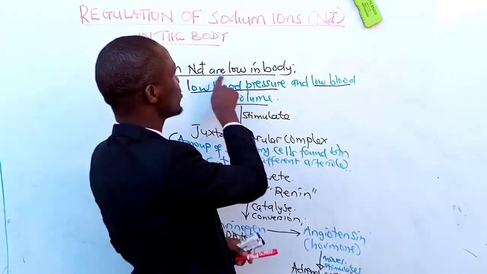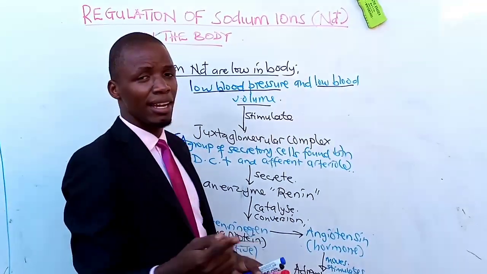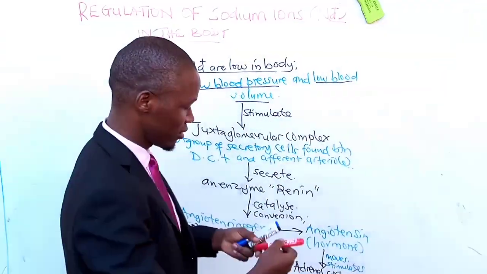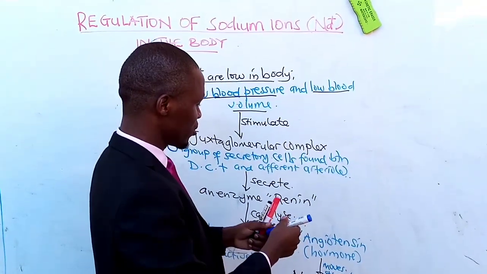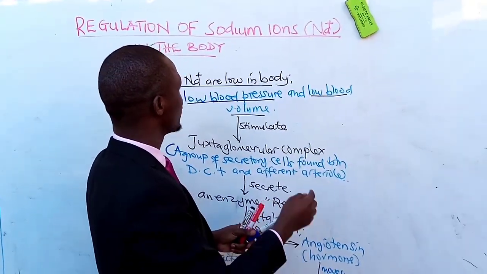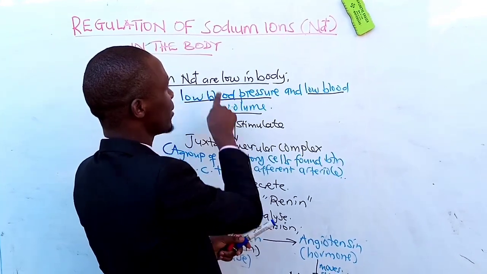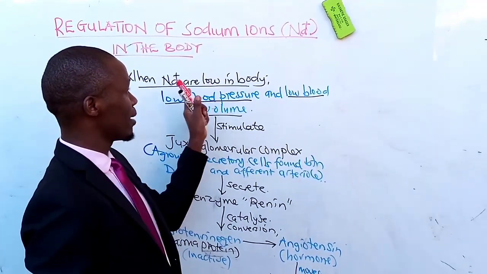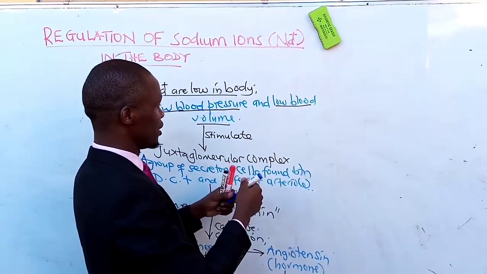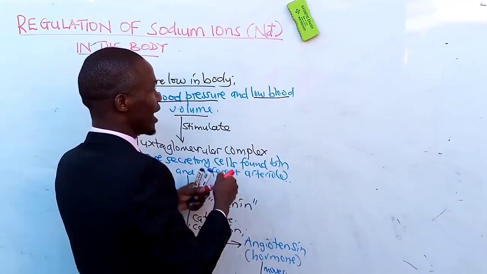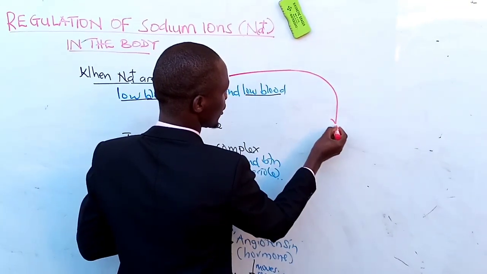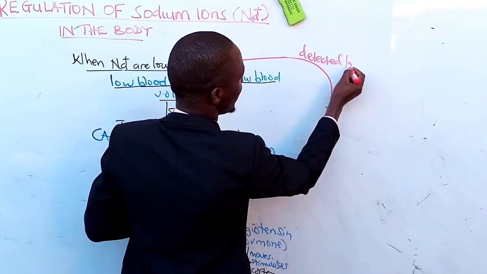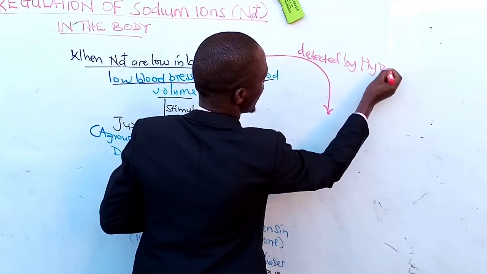All these stimuli of low sodium ions can at the same time be detected by the hypothalamus. So the blood which is passing through the hypothalamus, when it is having low sodium ions, the receptors within the hypothalamus can detect it.